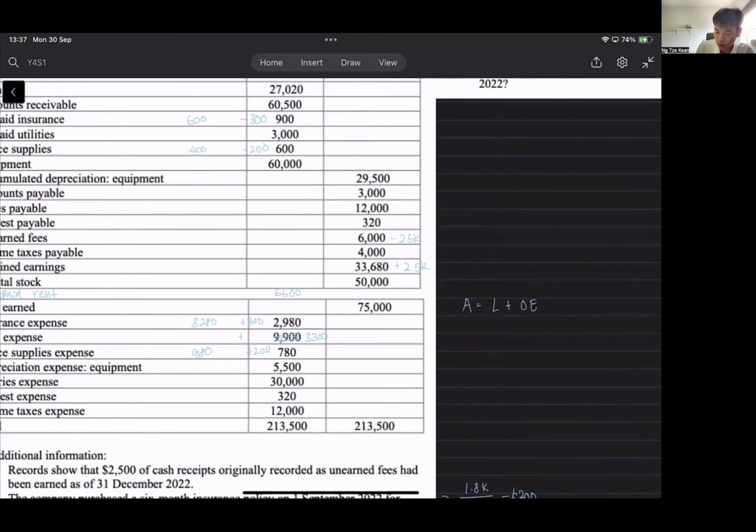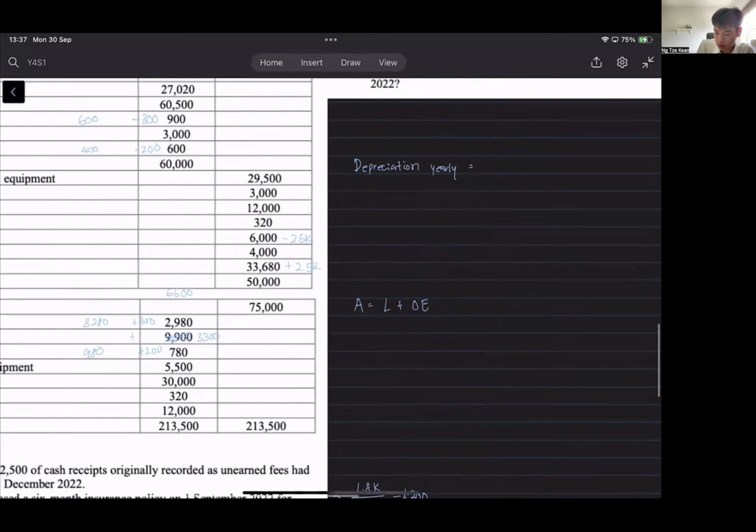So we know that the depreciation on a yearly basis would be equal to the 60,000 over the 120 months, right? And that should give you 500 per year.